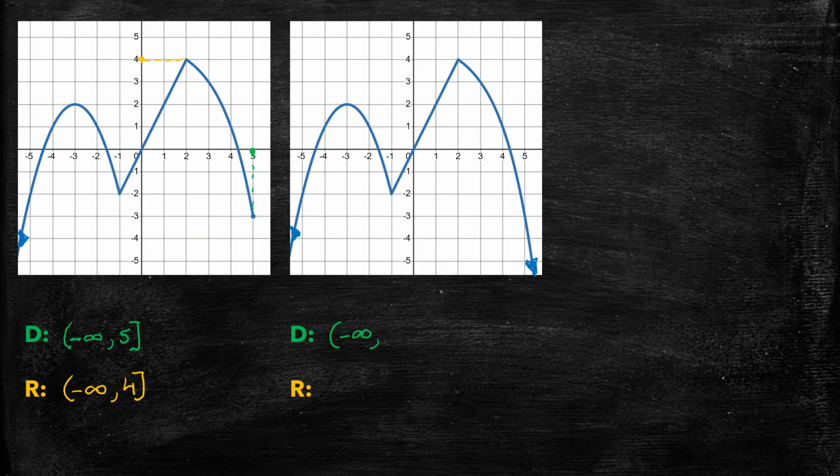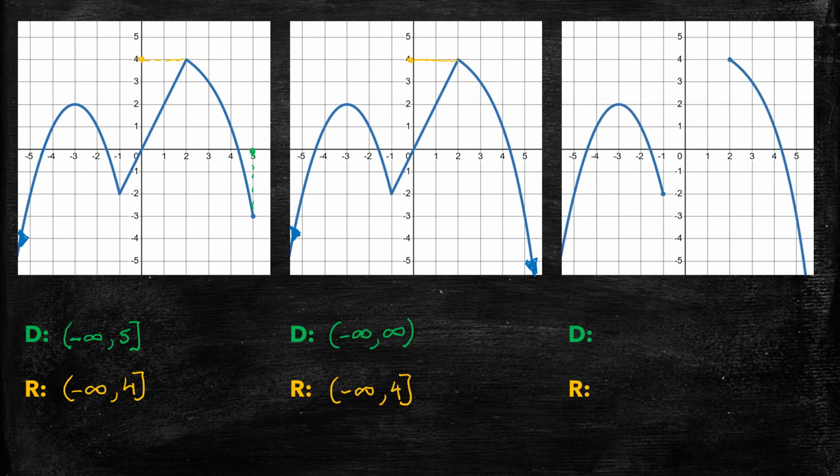It keeps going and going. So we would say that the domain goes from -infinity to infinity. And what about the range? Once again, because of the arrows, the y values can go as low as you'd like, so -infinity up to, but there's still a cap on the y values at 4.